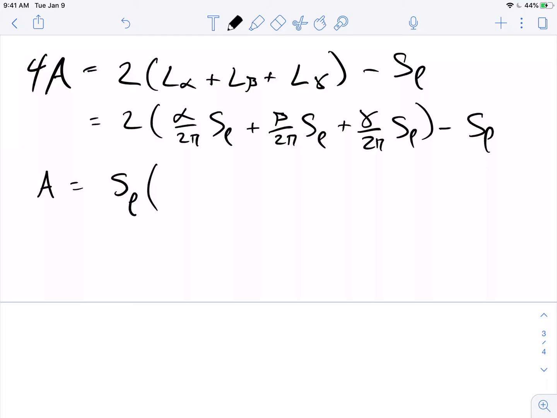All right, so if I divide by 4, that's the same as canceling this, dividing by 2. So I am getting, this seems wrong. I should look at my notes. Nope, it's correct.